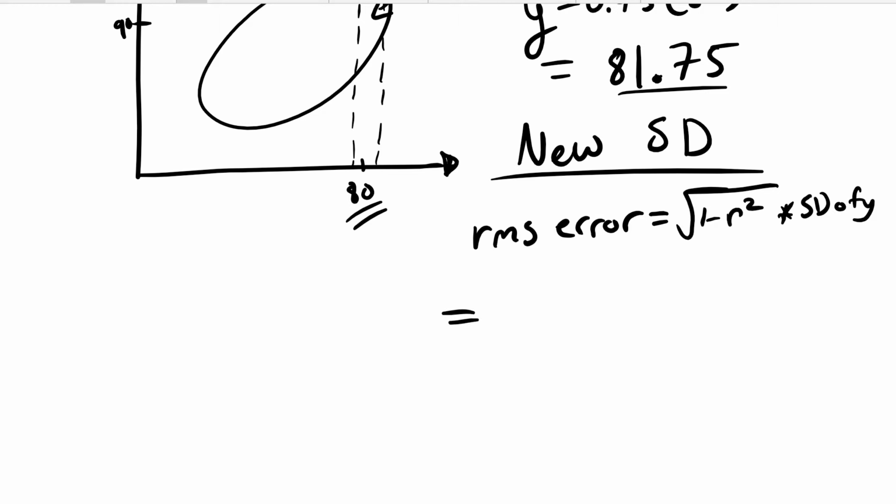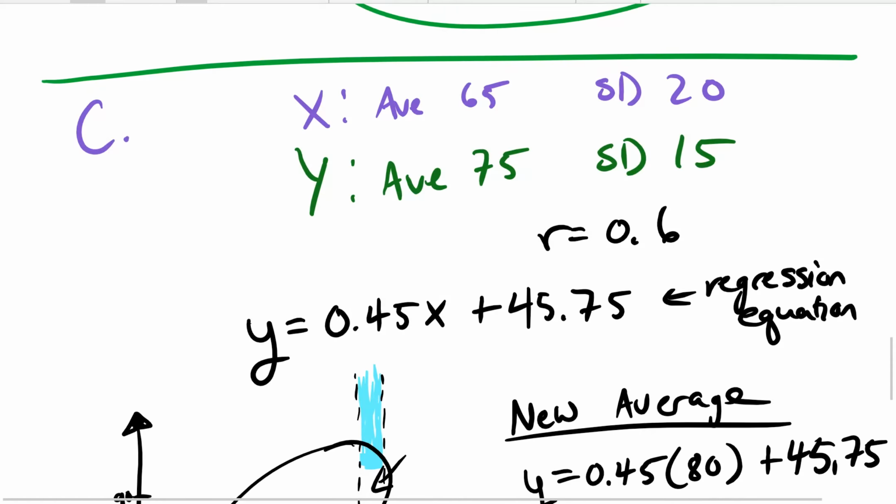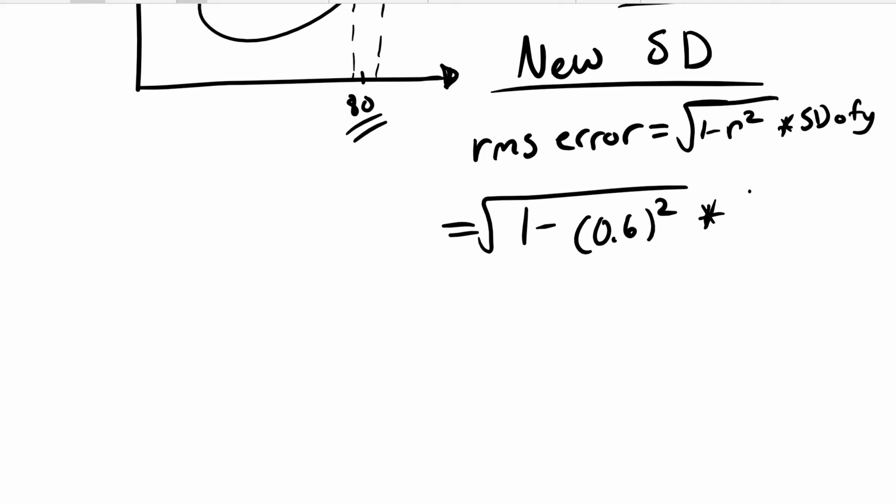So our new standard deviation is the square root of 1 minus 0.6 squared, because r is 0.6, and we multiply that by the standard deviation of y. The standard deviation of y was 15.